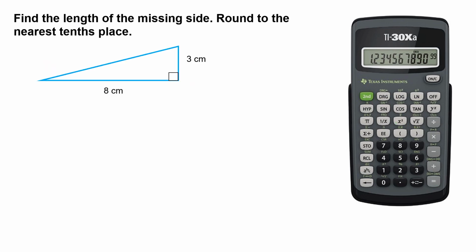Let's go ahead and solve a problem where we don't get a whole number answer. So we'll do the same thing we did previously. Locate the right angle, and directly across from the right angle is your C value. So if you've noticed a pattern for this entire lesson, we're always trying to determine what the C value is. I'm going to go ahead and label 3 as my A value and 8 as my B value, and we can go ahead and plug it into our formula.